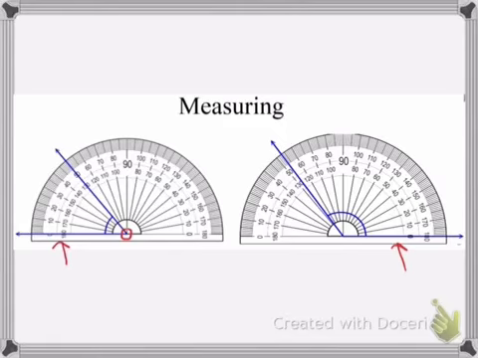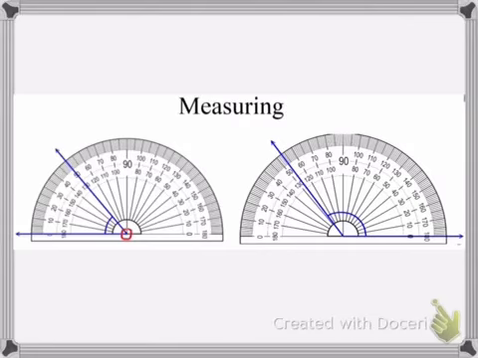So it's really important when you have an angle that you put the vertex in that open circle, or that dot in the middle, and you line up one of the rays, one of the sides, at 0. That might mean, depending on how it's drawn on your paper, that you have to turn the protractor and slide it around to get it in the right position.